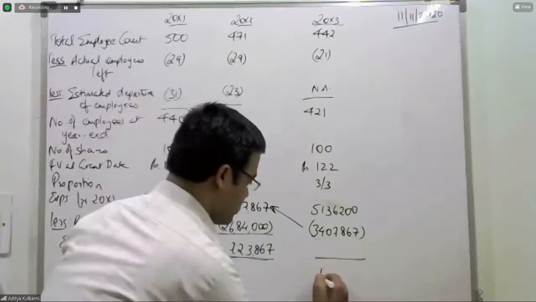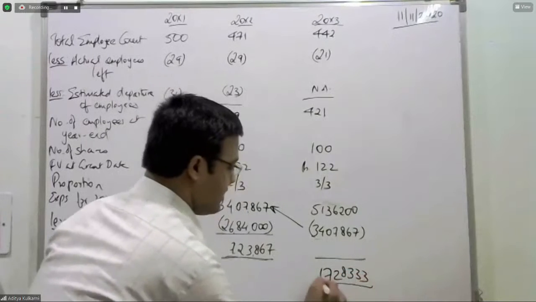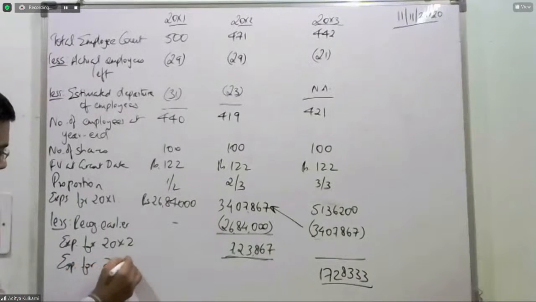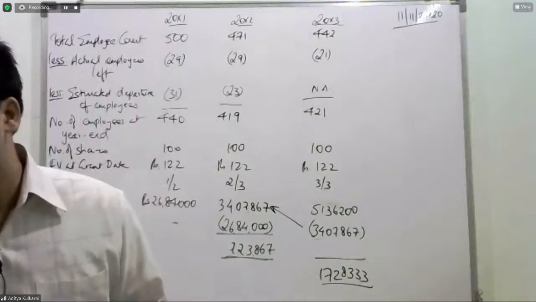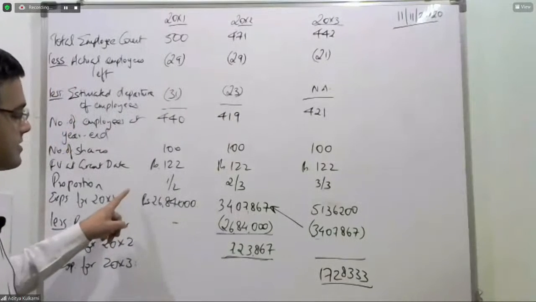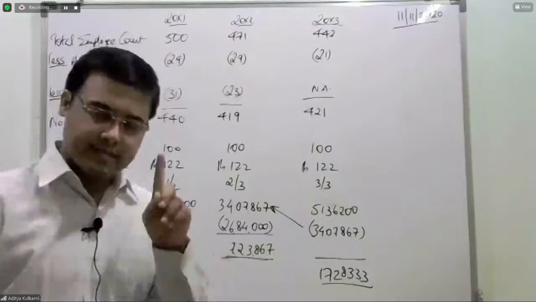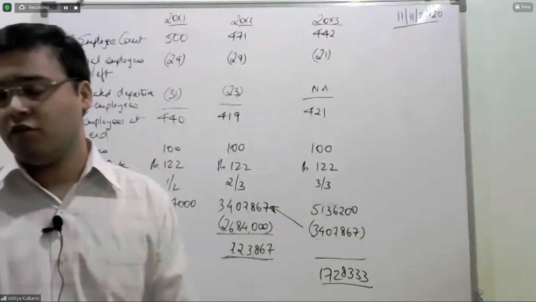So your expense is 17,28,333. This will be the expense for 20x3, and you will be passing the entry as 26,84,000 for the first year, 7,23,867 for the second year, 17,28,333 for the third year.